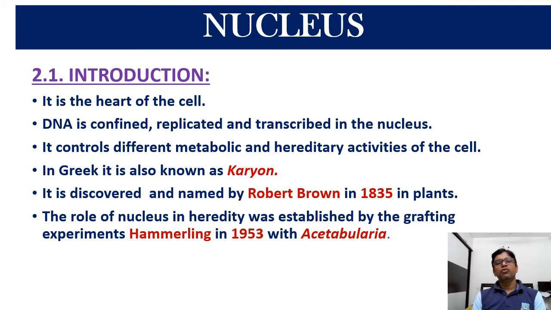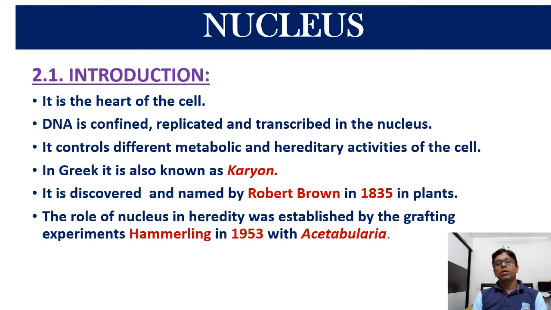Nucleus is also known as karyon. Karyon is a synonymous word in Greek language for this cell organelle. The nucleus was discovered and named by Robert Brown in 1835 in plants. Robert Brown discovered the nucleus in orchids.